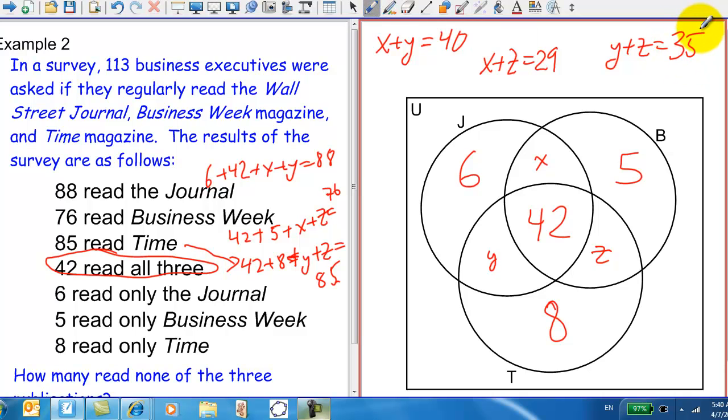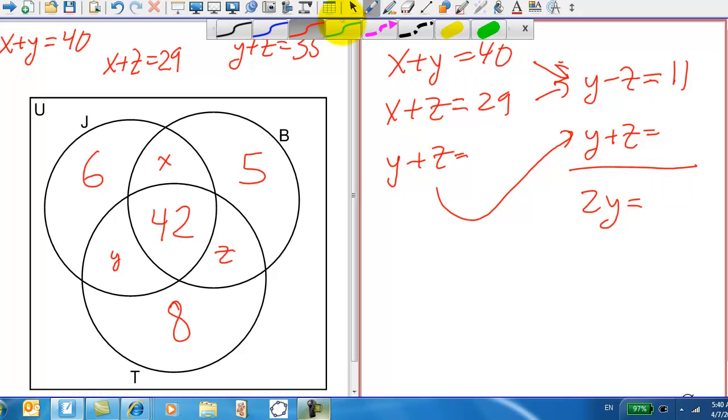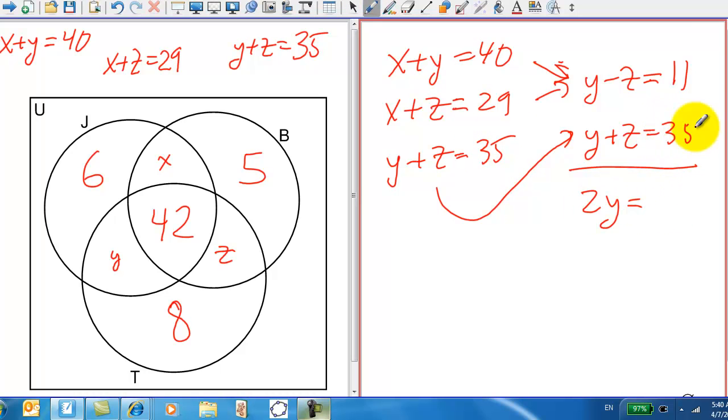Y plus Z equals 35. So, finishing our system here then. Let's get that filled in. So 2Y equals 46, so Y equals 23.